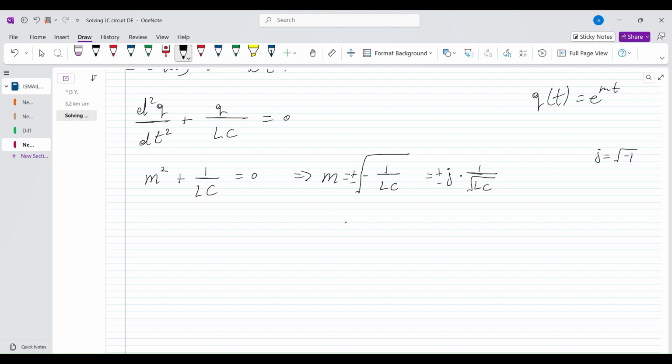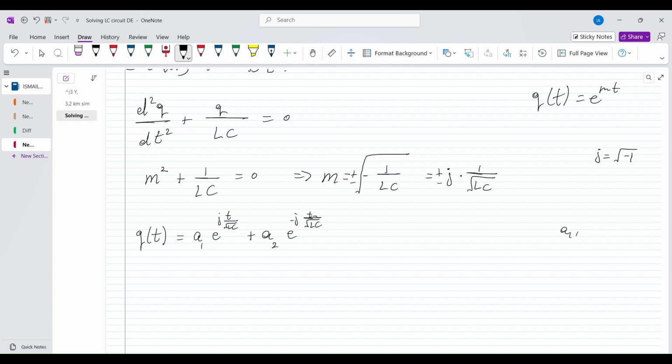And we just need to write this solution. Of course, this is a second order homogeneous differential equation, so there will be two linearly independent solutions. So q of t will be equal to a1 multiplied by e to the power j t over square root of LC plus a2 e to the power minus j multiplied by t over the square root of LC.